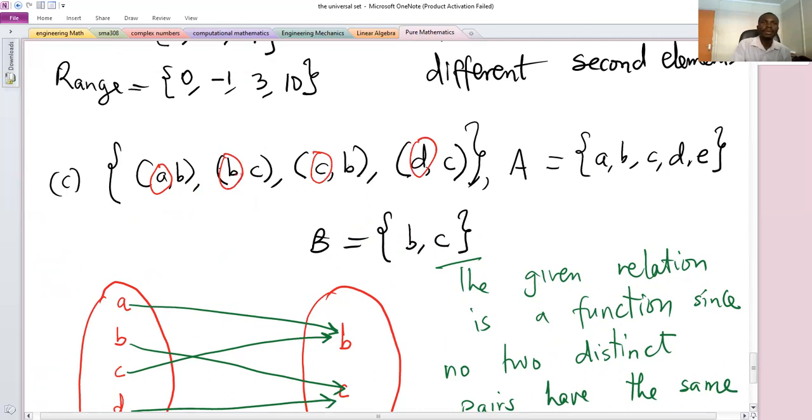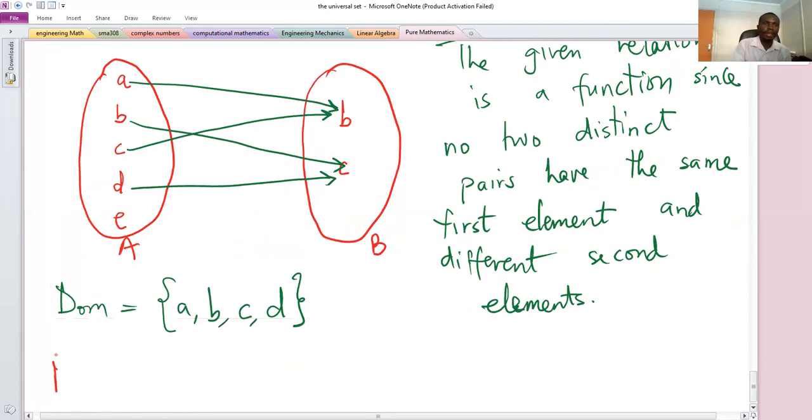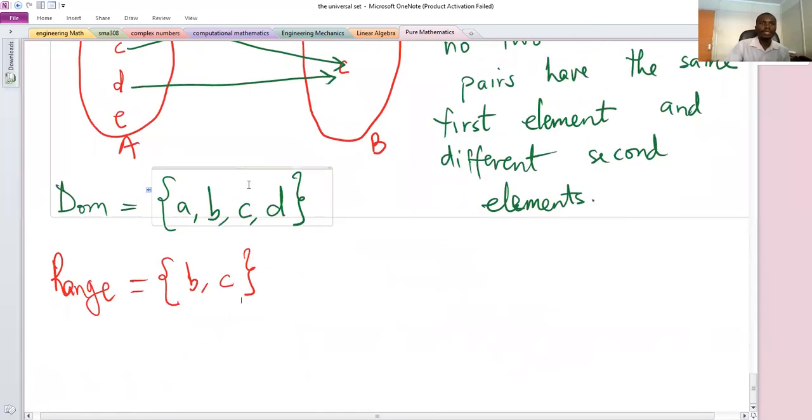So A, B, C, and D are the first elements in these pairs. E is not part of this set. And then the range is simply B and C, the set of all those second elements. You don't have to repeat writing B, C, B, C, just write B and then C.